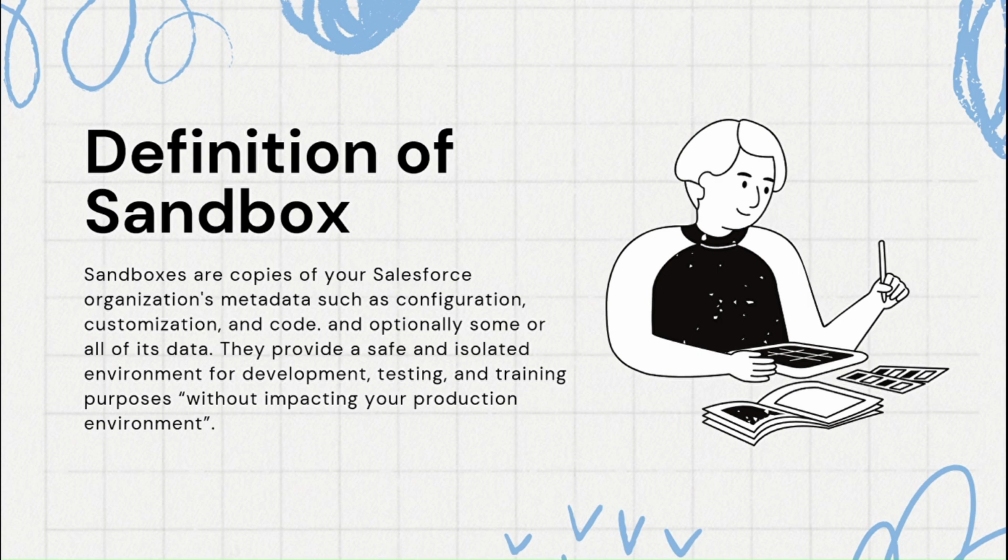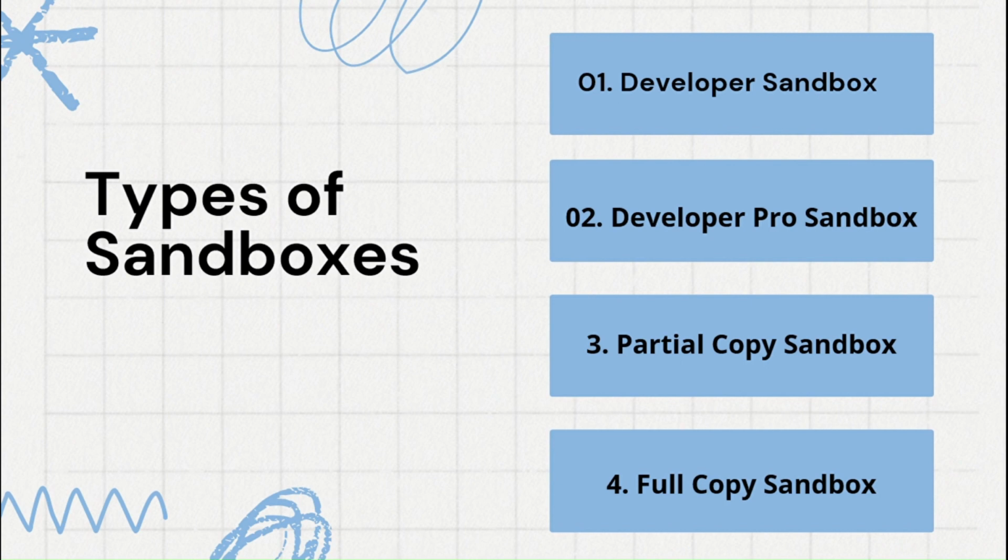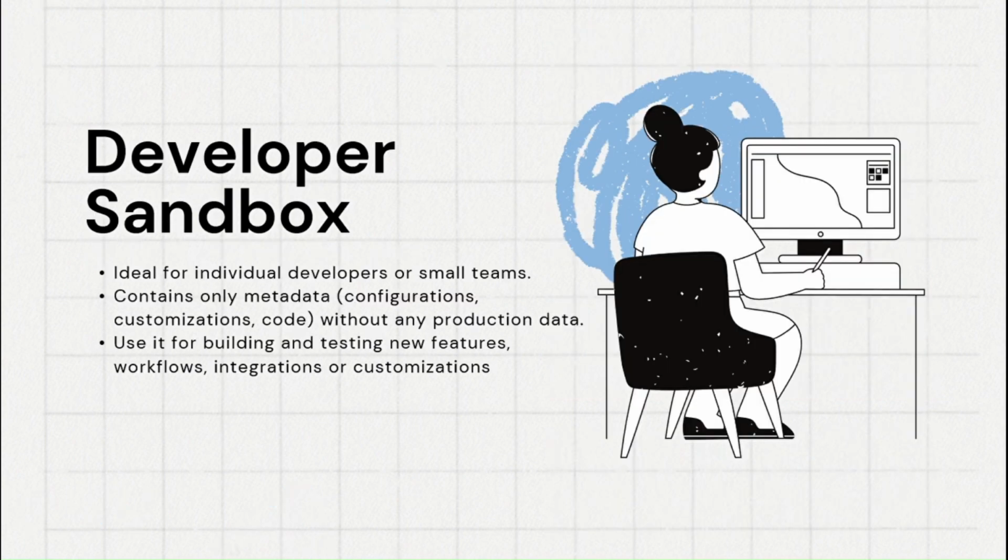The types of sandboxes are developer sandbox, developer pro sandbox, partial copy sandbox, and full copy sandbox. Now we will learn each one in detail. Coming to developer sandbox, it is ideal for individual developers or small teams. It contains only metadata such as configurations, customizations, and code, without any impact on production data.